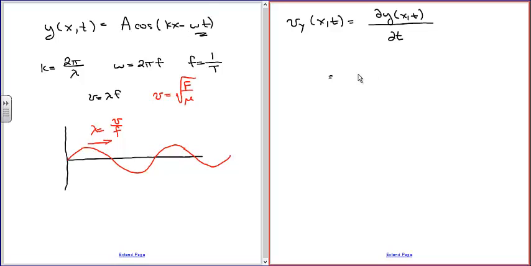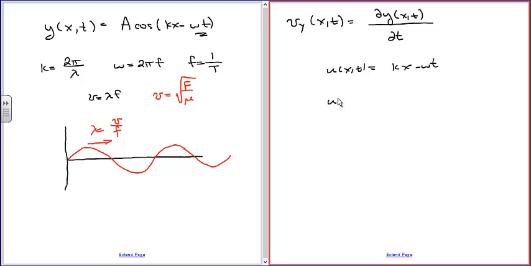So if you think about this from a calculus standpoint, we'd let u of x and t be kx minus omega t.